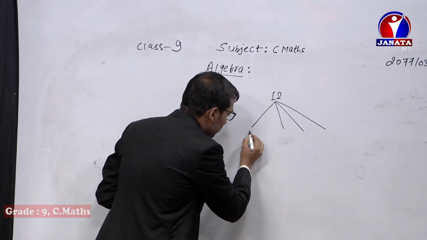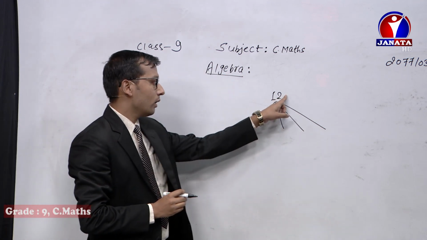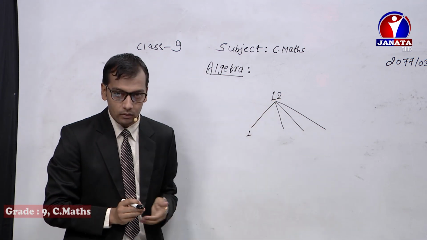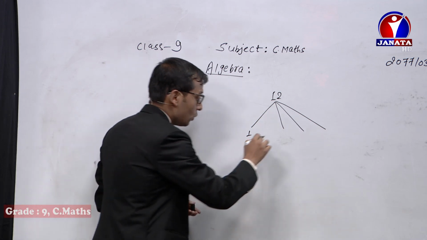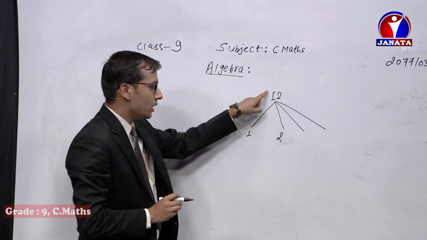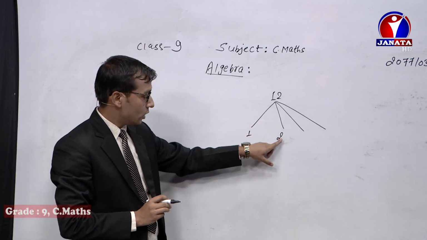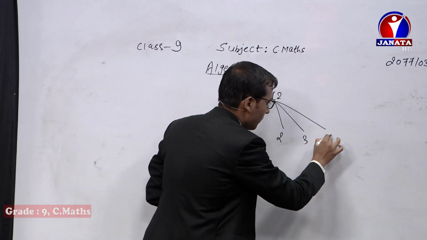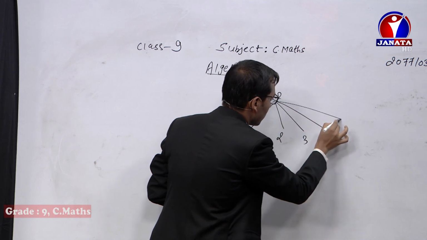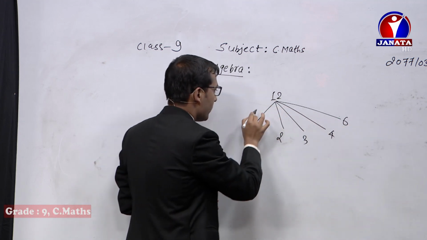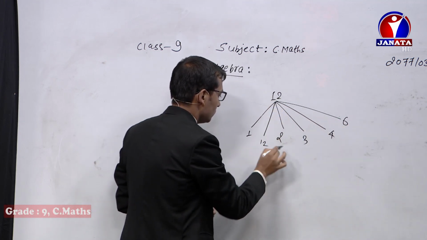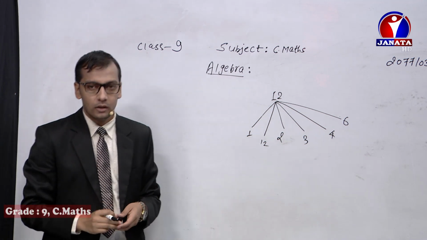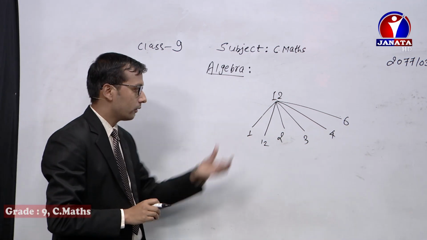So 1: if we divide 12 by 1, we can exactly divide without leaving a remainder. 2: 12 can be divided by 2. 2 times 6 is 12. 3, similarly 4, 6 and 12 itself. So these are the factors of 12.